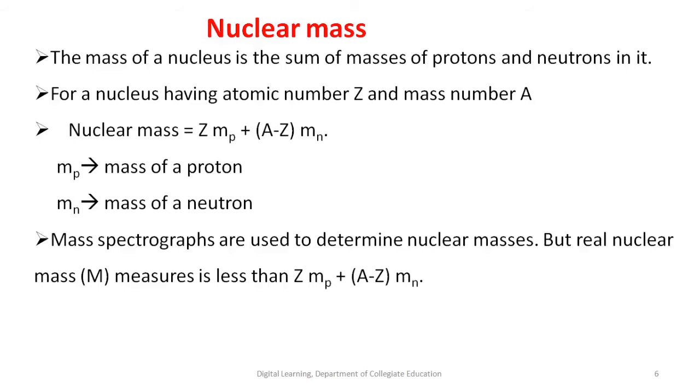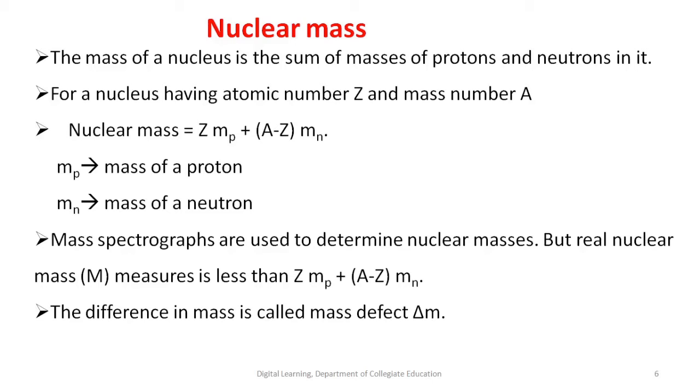But when we measure the mass of the nucleus using a mass spectrograph, the real nuclear mass is less than the calculated mass, that is Zmp plus A minus Z times the mass of the neutron.